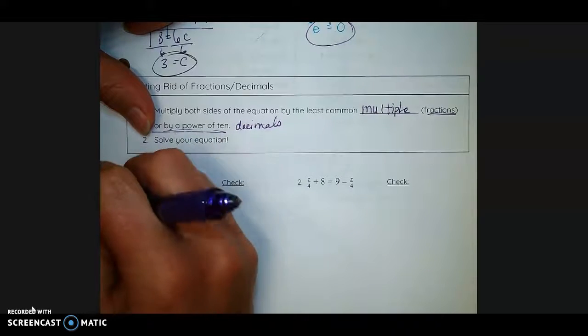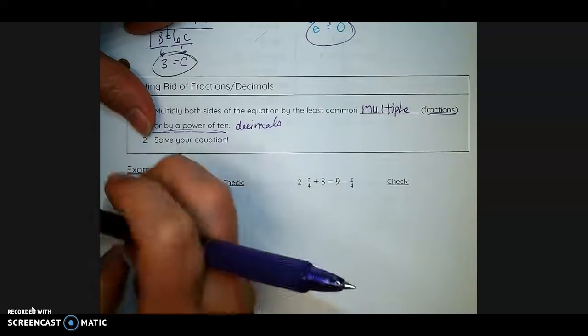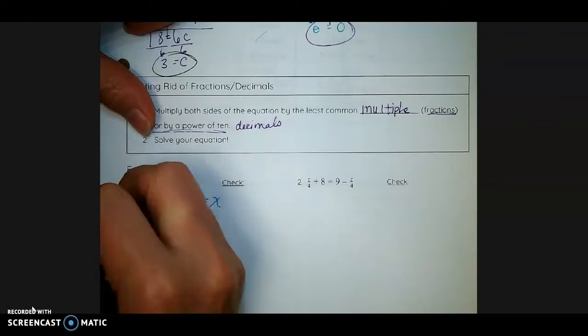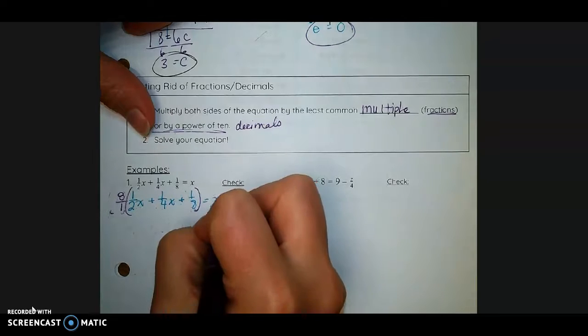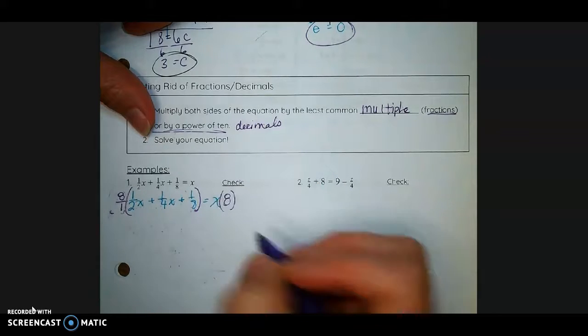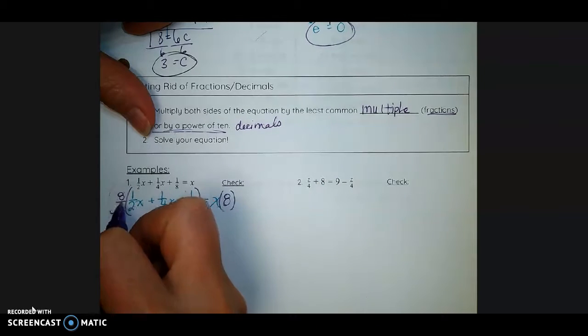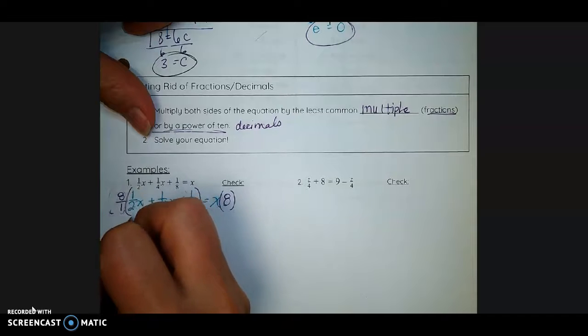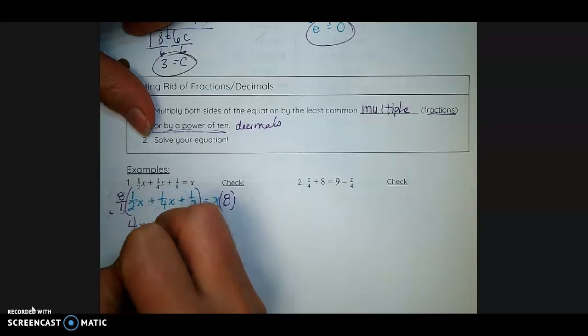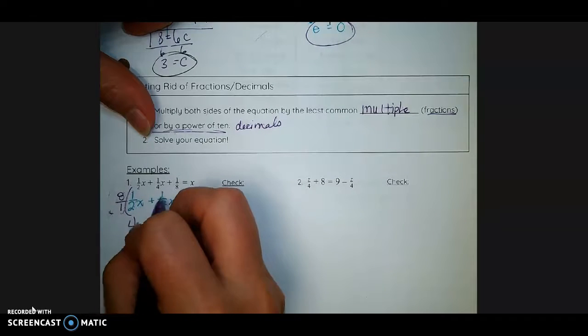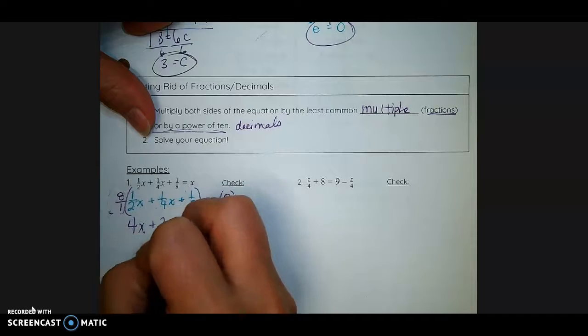I'm going to multiply all of this. We'll write it like this so you can tell that it's everything in there. I'm going to multiply it all by 8. Now that means I also need to multiply this side by 8. Well, half of 8 is going to give me 8 over 2, which is 4x. 1/4 of 8 is going to give me 8 over 4, which is 2x.